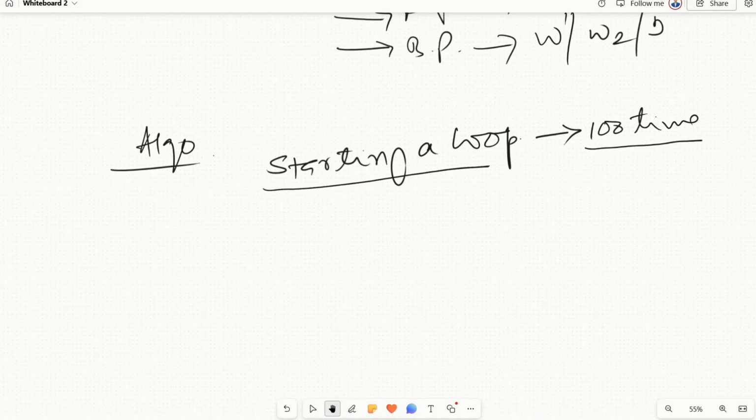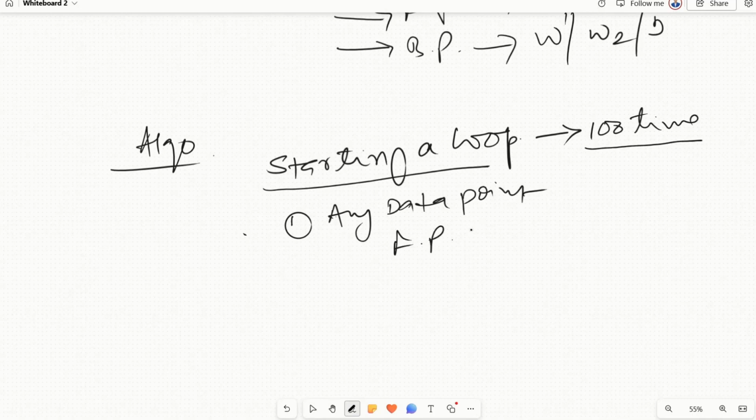And inside the loop, what will we do? First, we take any random data point, and for it we do forward propagation.